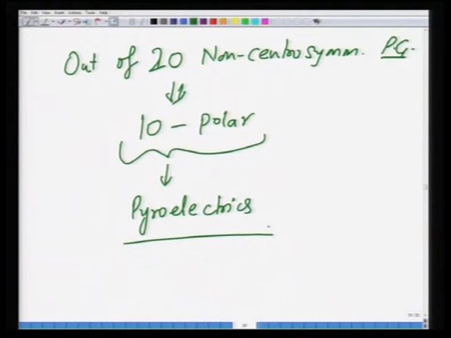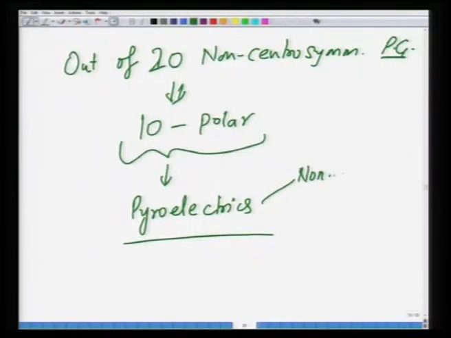So, by definition you can see that all the pyroelectric materials are piezoelectric materials, but only those piezoelectric materials are pyroelectric which are non-centrosymmetric and polar. So, which means only 10 classes, and out of these 10 polar there are a few which are ferroelectric.